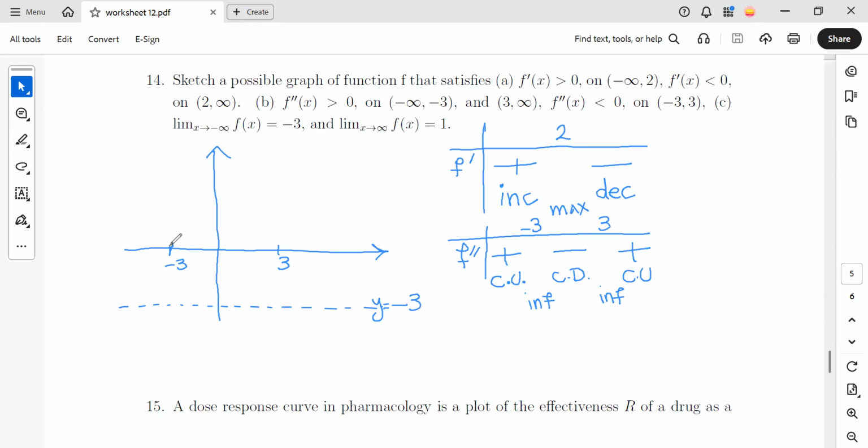So something like this. But when x is approaching infinity, the graph will be approaching y equals 1. So it can be a graph like this, and before that, like this.